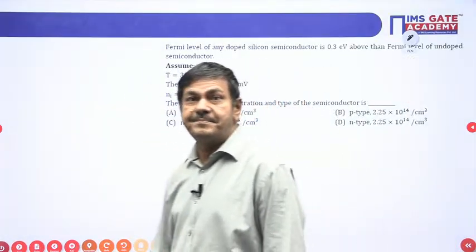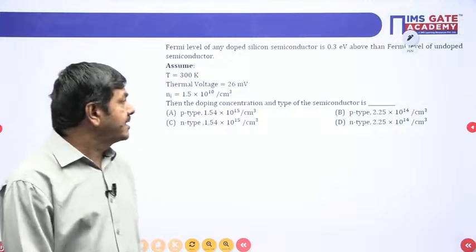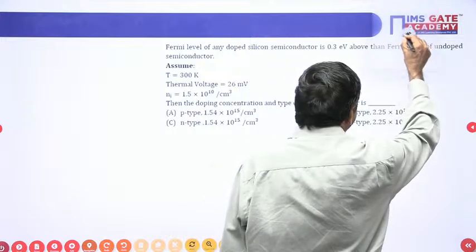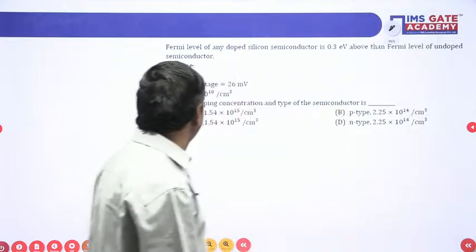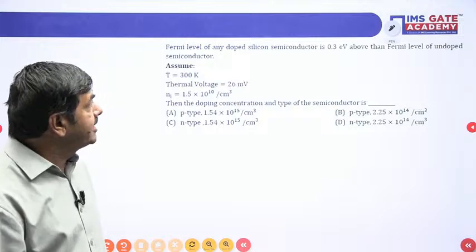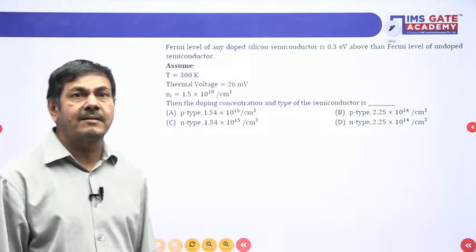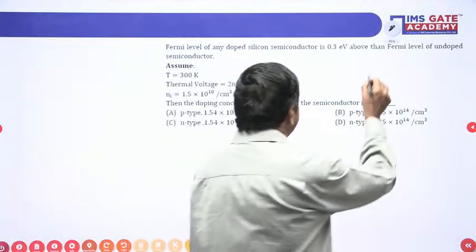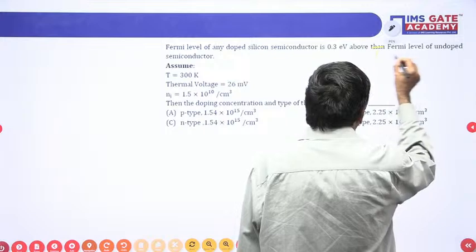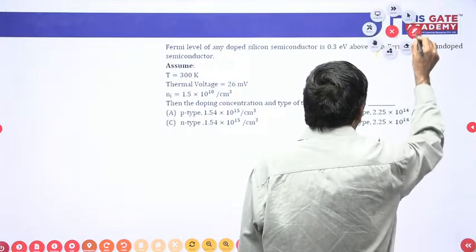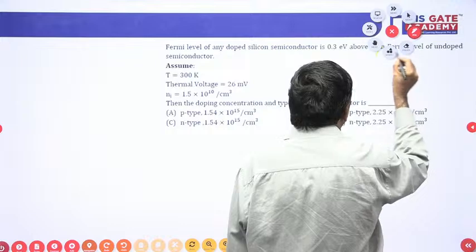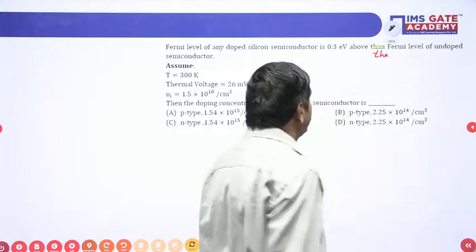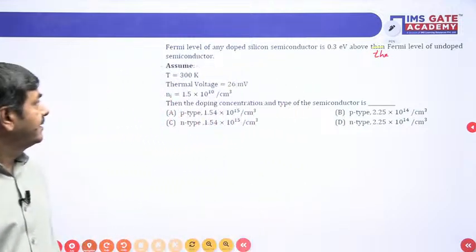The first question. Any student can try this question at first, without my help. The question given here is: the Fermi level of a doped silicon semiconductor is 0.3 electron volts above the Fermi level of an undoped semiconductor.